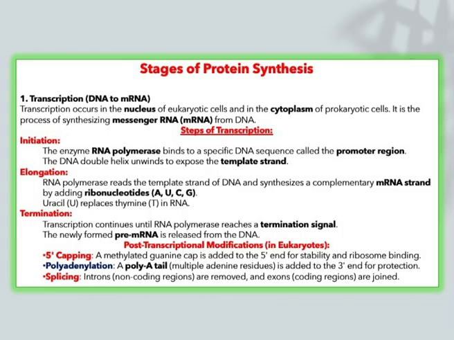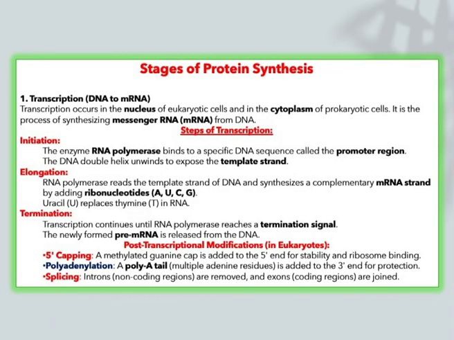In 5' capping, a methylated guanine cap is added at the 5' end for stability and ribosome binding. The second important process is polyadenylation. In this, the poly-A tail, containing multiple adenine residues, is added to the 3' end. It is most important for the protein.